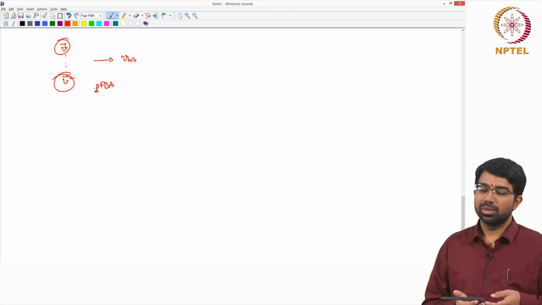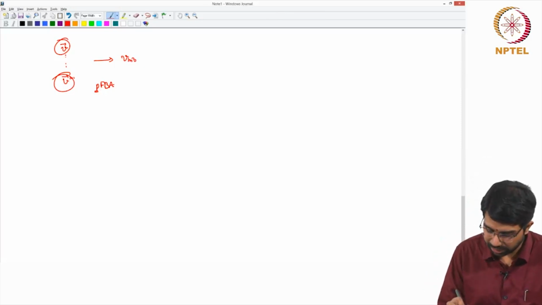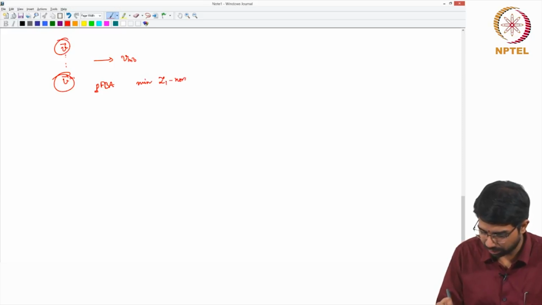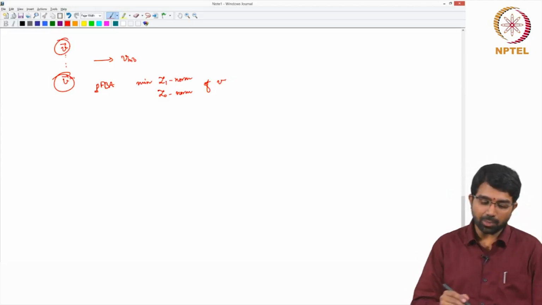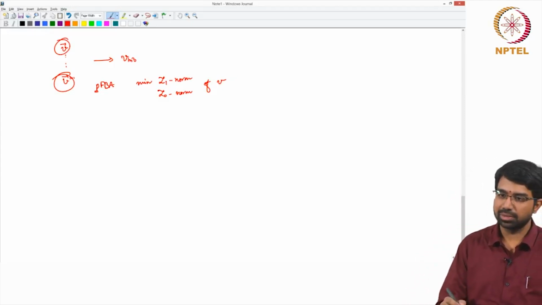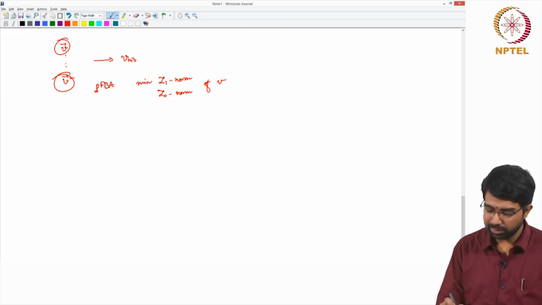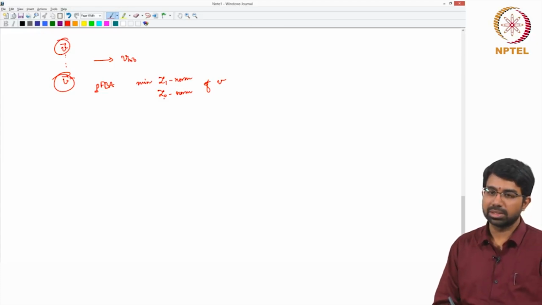Okay. So which means that you minimize, you can talk about minimizing the L1 norm or the L0 norm of V. So of all possible V's that solve this, can you find that which minimizes the L1 norm or L0 norm?